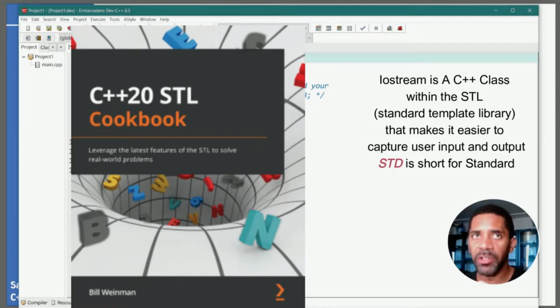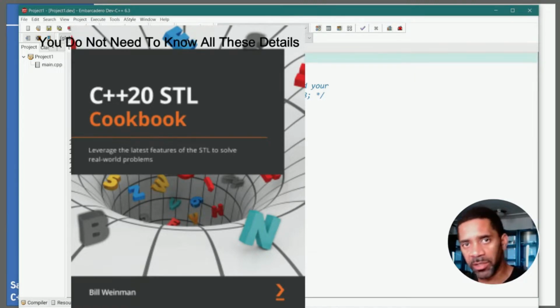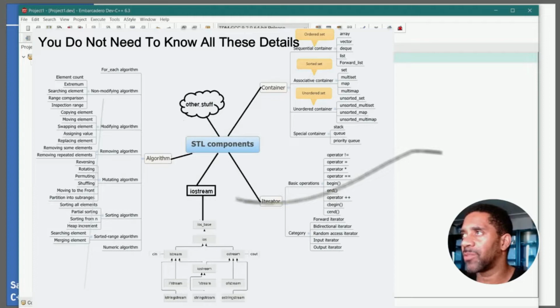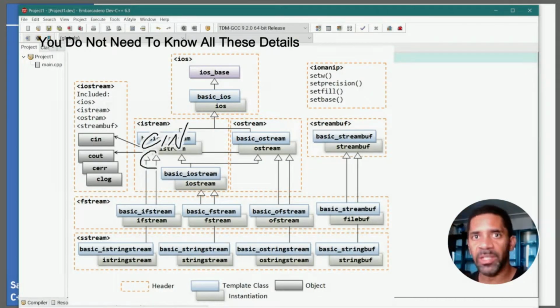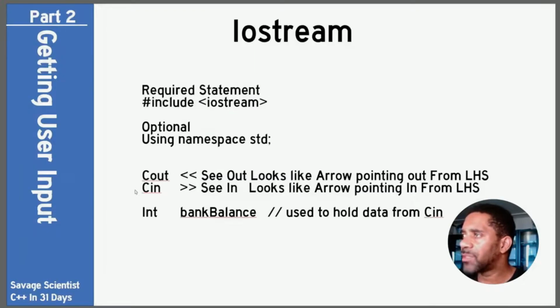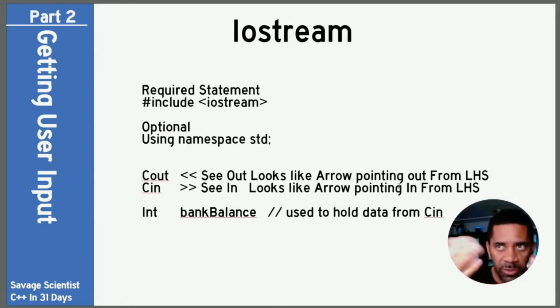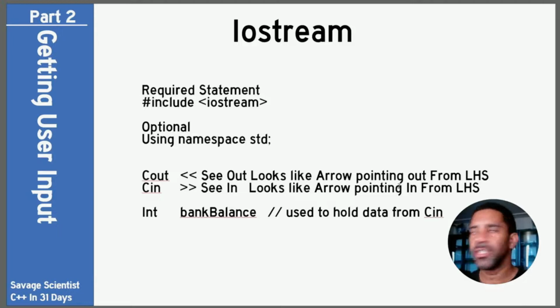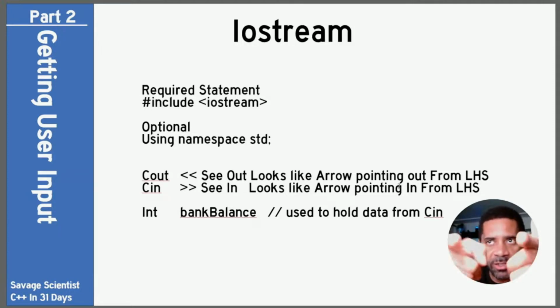iostream is a part of the C++ programming language. It's part of the STL, which stands for Standard Template Library. So this is a big deal. We're going to look specifically at two objects in iostream: cin and cout. cin is what you use to receive data from the user. cout is when we push it to your screen.